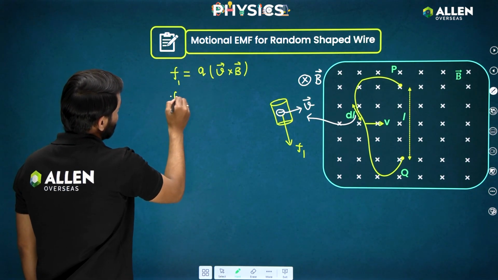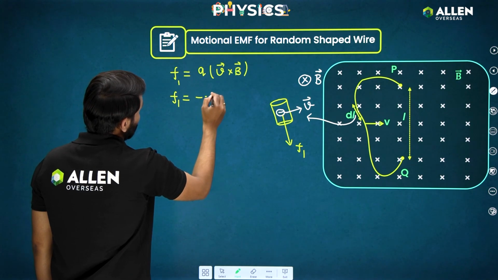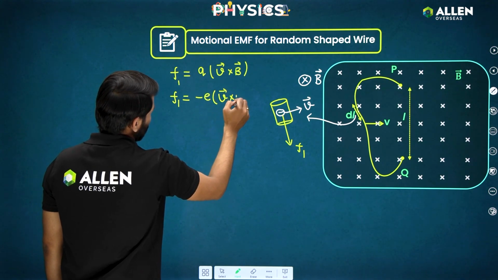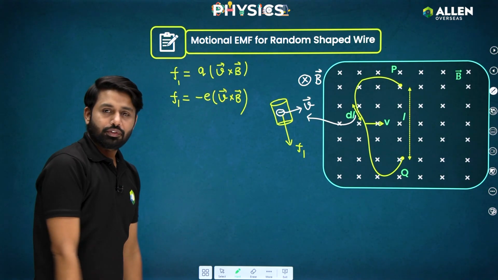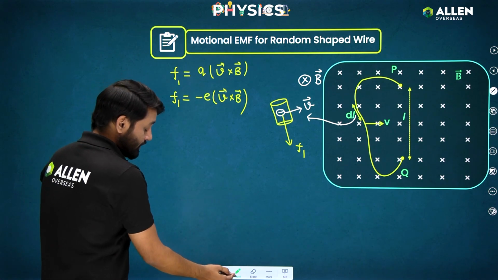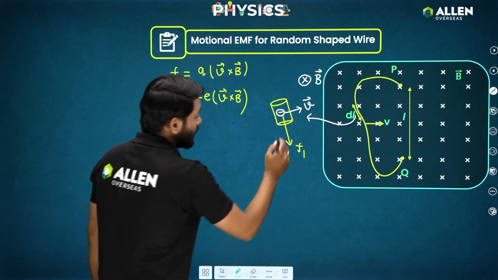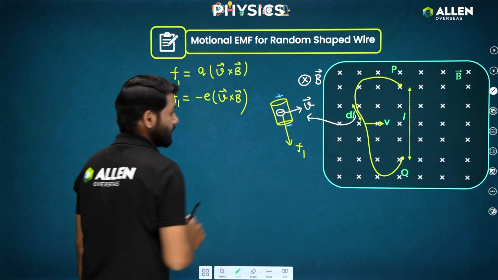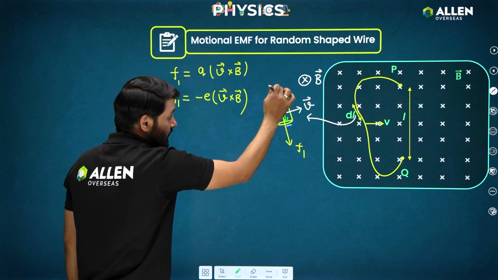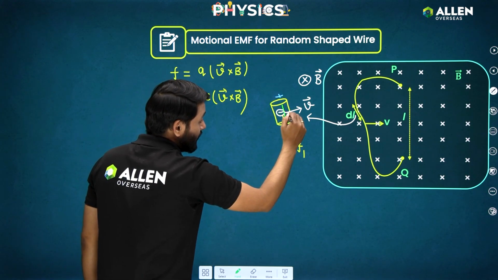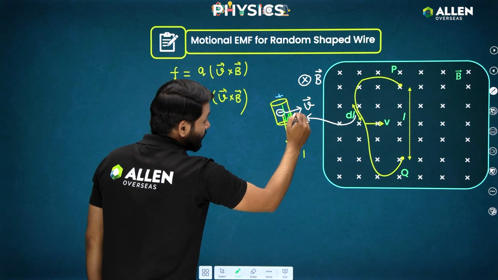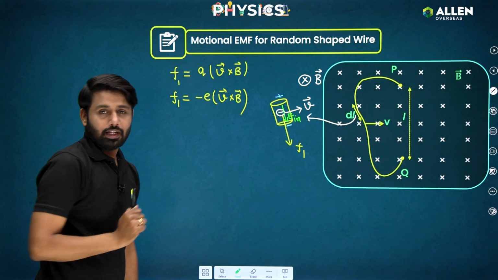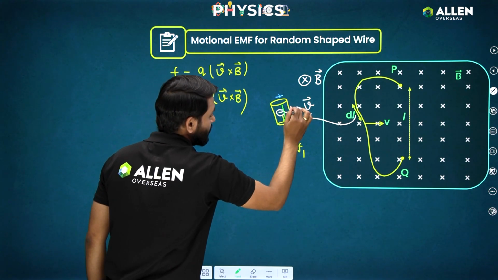So F1 is equal to minus E V cross B, right students? Okay, you know that because of this, this will acquire negative, right? And this will positive, induced charges. Because of this, in this direction, electric field will induce. That electric field I am naming induced electric field, right students, in this direction.